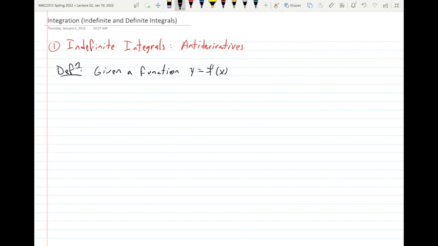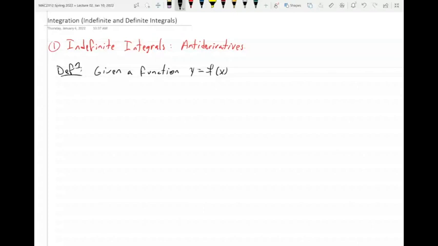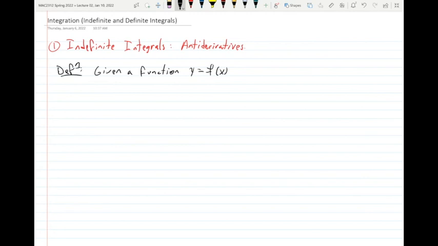Anybody? The area under a curve. So that's a number. But what do we mean by an antiderivative? What is that? The opposite of the derivative. So it's another function whose derivative is this function, right? For example, if I give you the function x, what's an antiderivative of the function x? That would be x squared over 2, right? Because if you take the derivative of x squared over 2, then you get x.